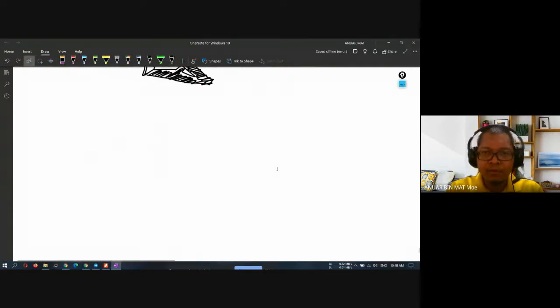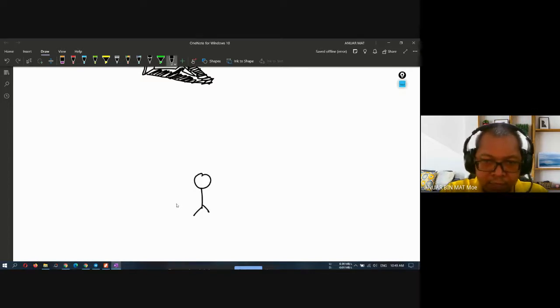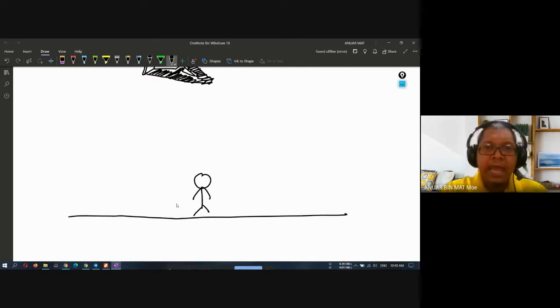Let me draw it for you. For example, I draw here a picture of a person, and then this is the Earth. In the afternoon, what is the position of the sun? Is it A, B, or C?